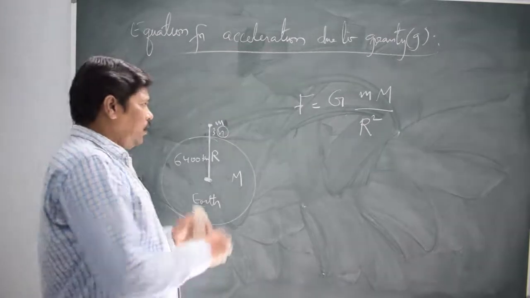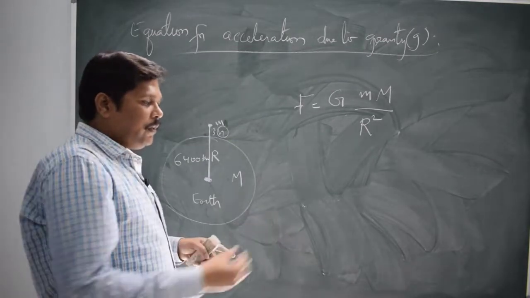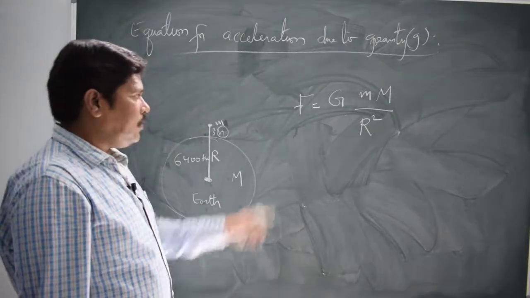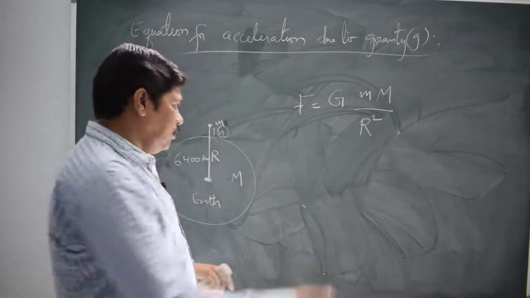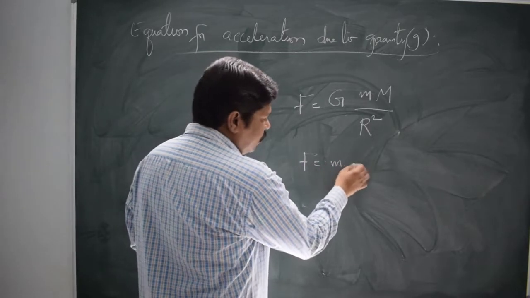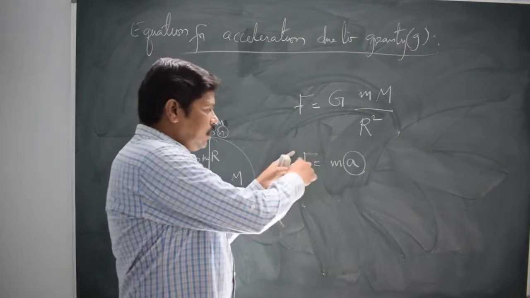Now, whenever this object is left, it is going to accelerate. The acceleration is also because of the gravitational pull of the earth. According to Newton's second law, F equal to ma, where the acceleration is produced by the force.